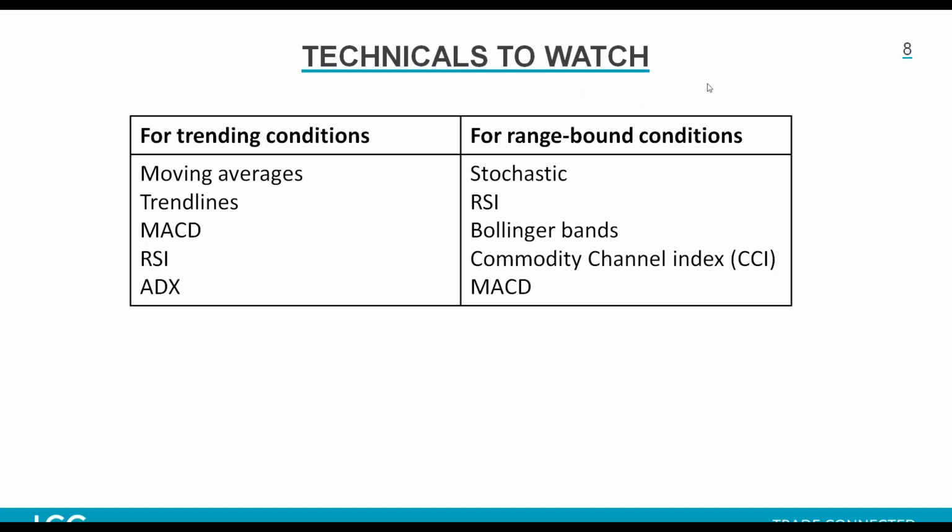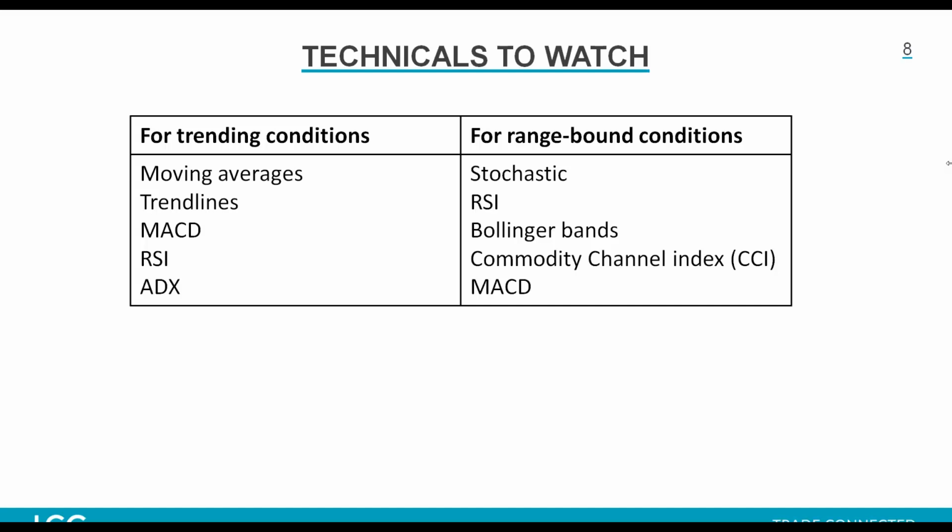So, switching gears completely now, just to the technicals. The way I would describe one market from the other, and this is not just specific to euro dollar, but also other currency pairs and other financial markets, they all have their own slight characteristics.